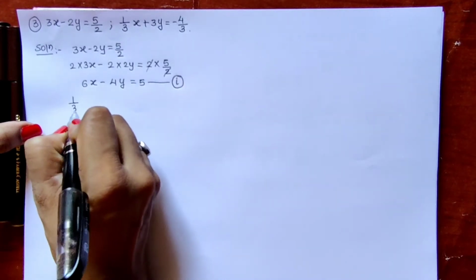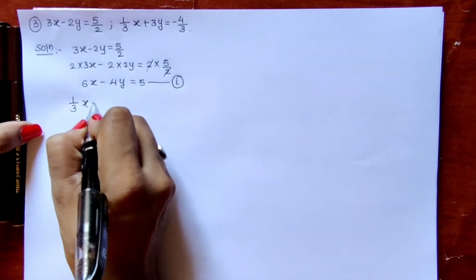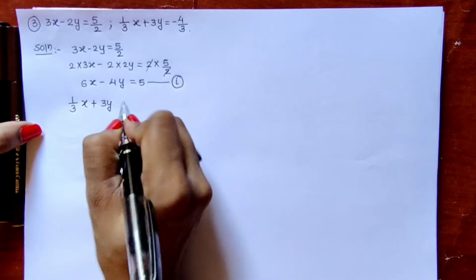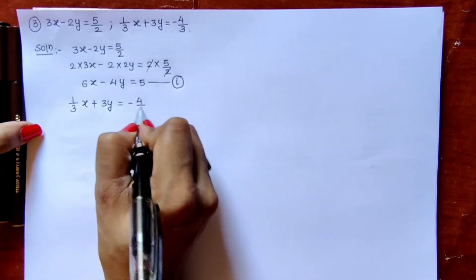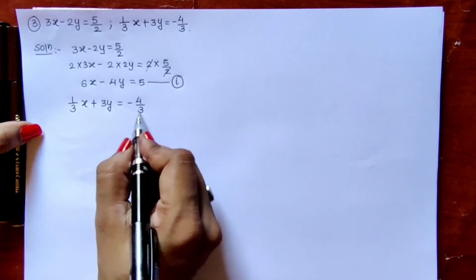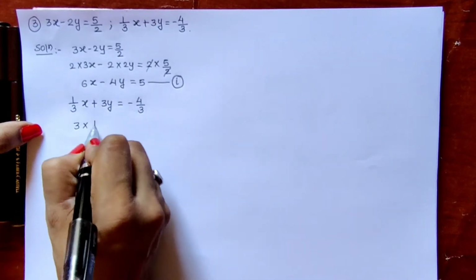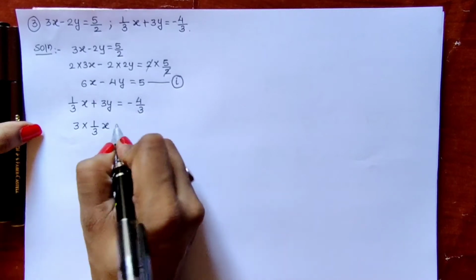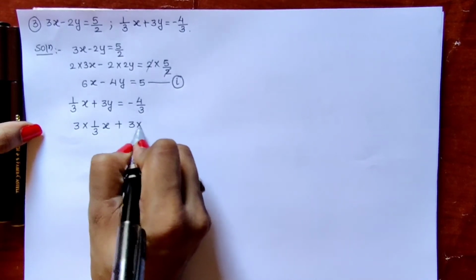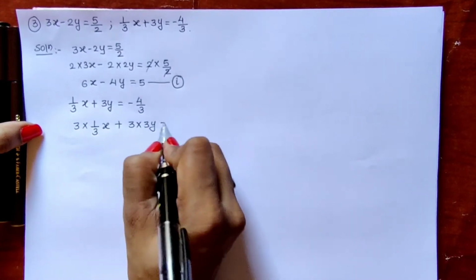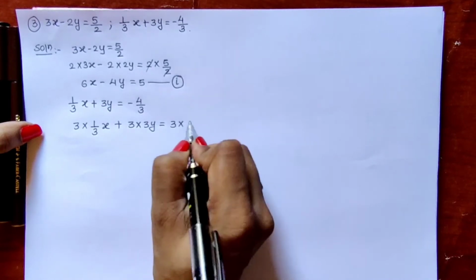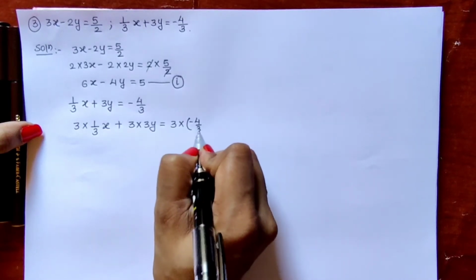Now let us write this second one. 1 upon 3x plus 3y is equal to minus 4 upon 3. As I have told you, 3 is there in the denominator. So let us multiply by 3. 3 multiplied by 1 upon 3x plus 3 multiplied by 3y is equal to 3 multiplied by minus 4 upon 3.